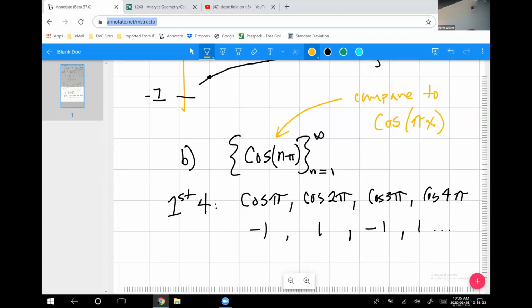If I have cosine of pi times x, we have a continuous function. We can imagine that it does its little bumps up and down, and it's periodic, and everything that we're used to thinking about with cosine. But when we have a sequence, you only plug in whole number values, and you get a sequence of values that aren't connected to each other.